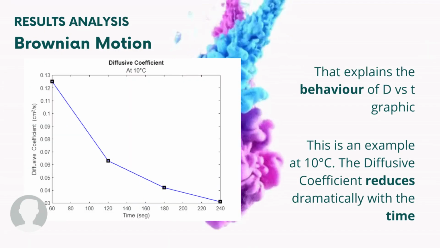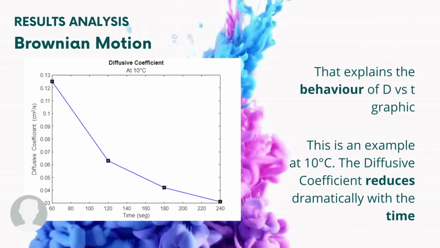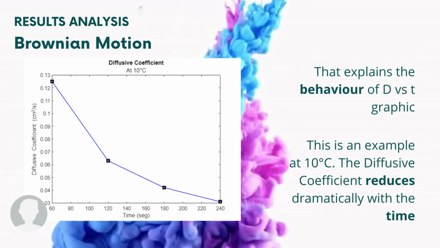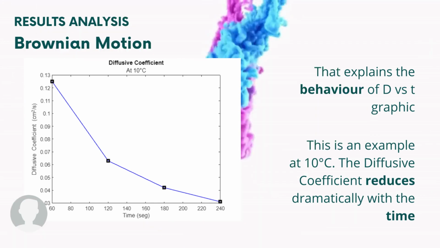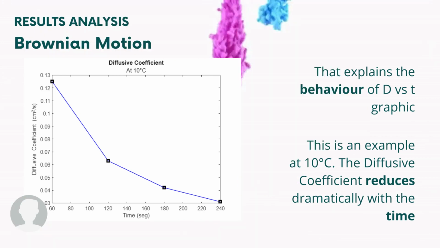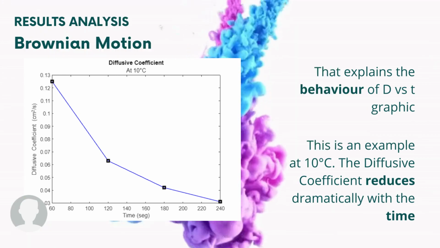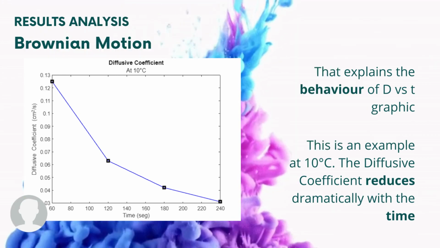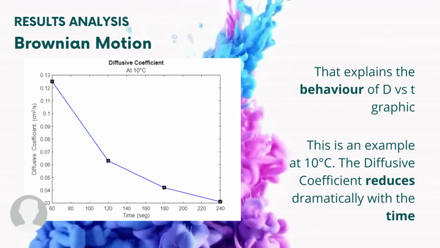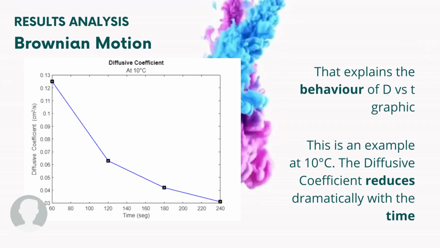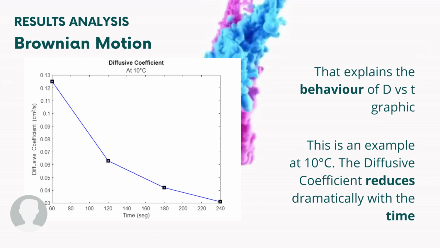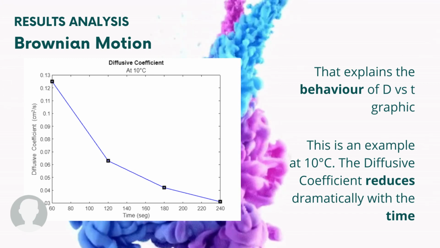Now we see a graphic of the diffusive coefficients at 10 Celsius degrees over time. We see that in the first 60 seconds, the diffusive coefficient is about 0.12 to 0.13, and then dramatically decreases at 120 seconds to a diffusive coefficient value of approximately 0.06 centimeters squared per second.